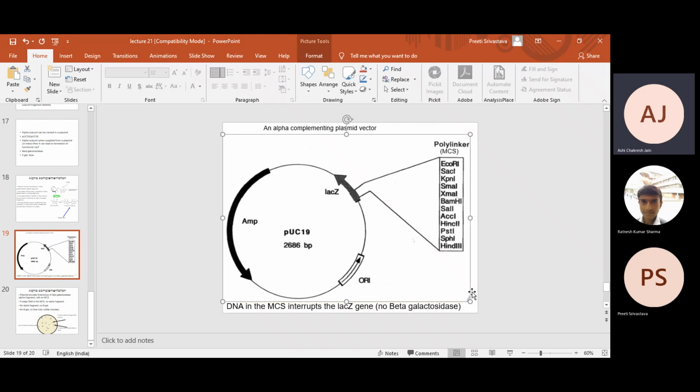Ma'am, after performing the digestion, I guess we'll have to test it on the plate using the antibiotic as well.